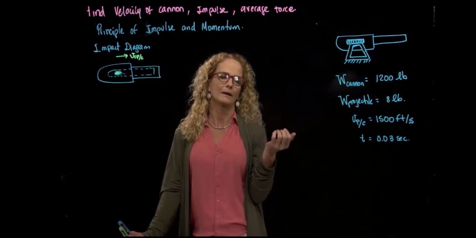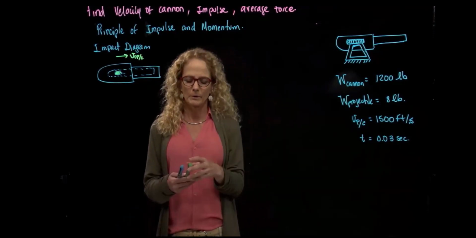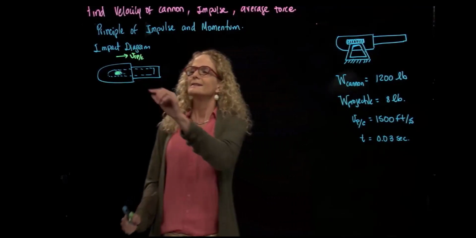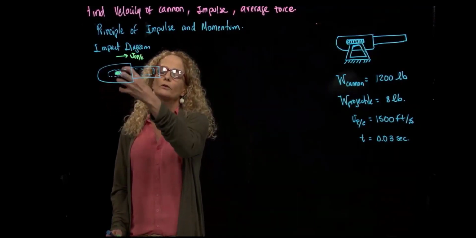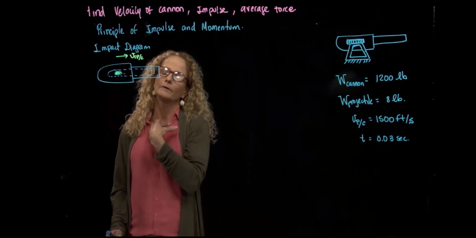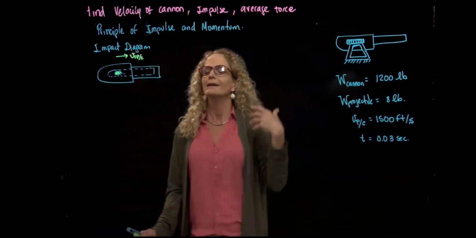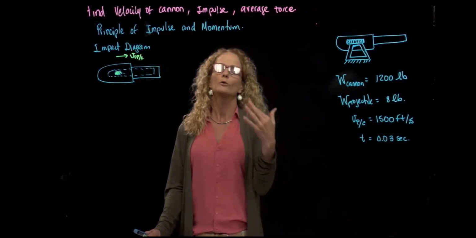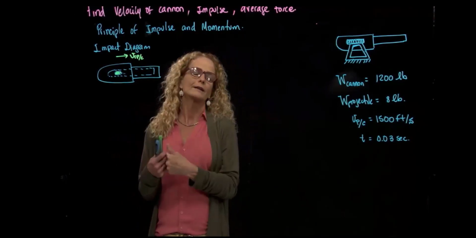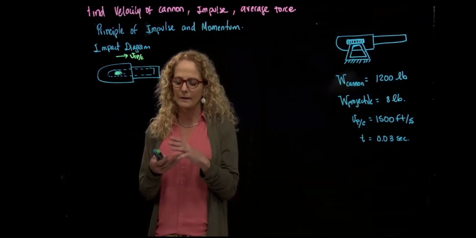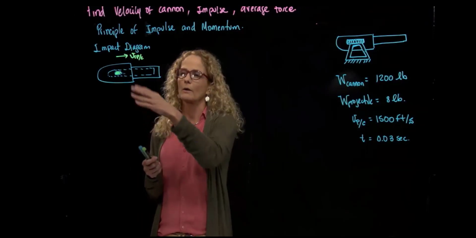This is an impact diagram, which is different from a free body diagram. In this case, the impulse that the projectile received to go out of the cannon is the same that the projectile produced to the cannon. So those are internal forces or internal impacts that we will not draw in our diagram.